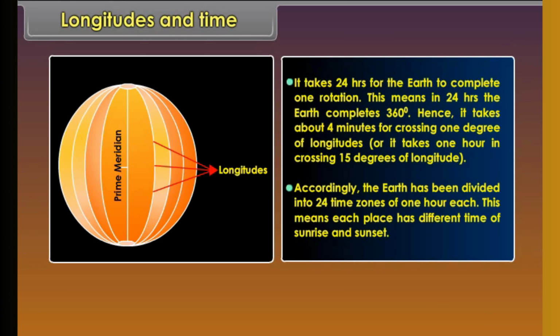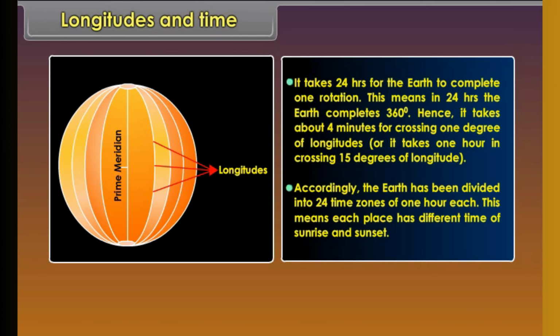This means in 24 hours the Earth completes 360 degrees. Hence, it takes about 4 minutes for crossing 1 degree of longitude, or it takes 1 hour in crossing 15 degrees of longitude. Accordingly, the Earth has been divided into 24 time zones of 1 hour each.